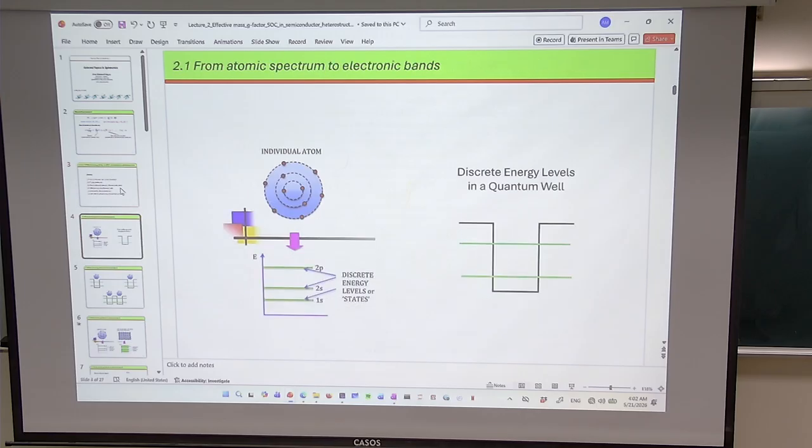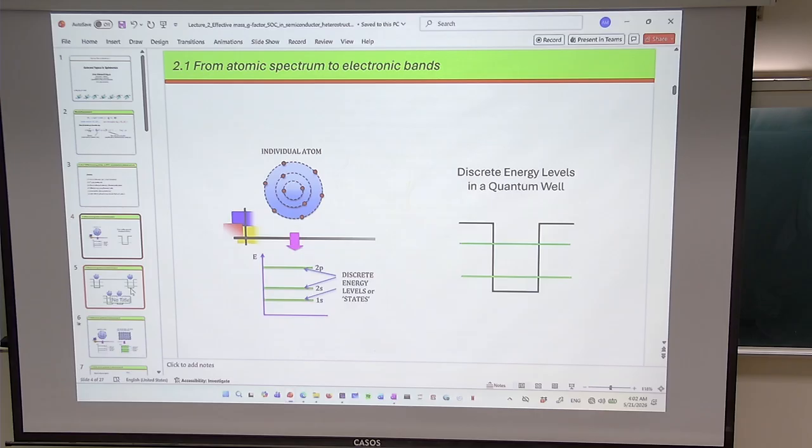So let's see how we go from atoms to materials. So we have an atom, an individual atom. We know that we have different atomic levels, and according to the symmetry, we classify them as s state, p state, and so on. To make an analogy with this, I can just consider a simpler example, which will be a quantum well. So you have a quantum well, and I can also have these discrete energy levels inside the quantum well.